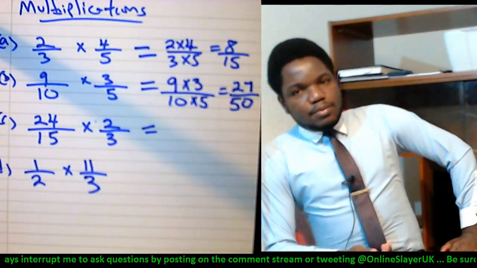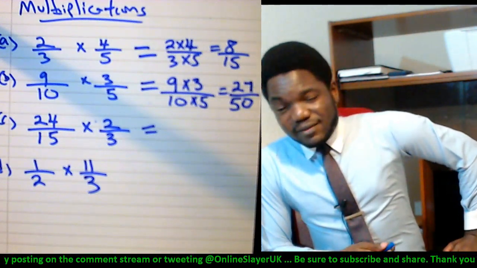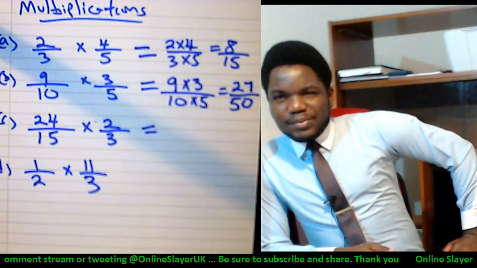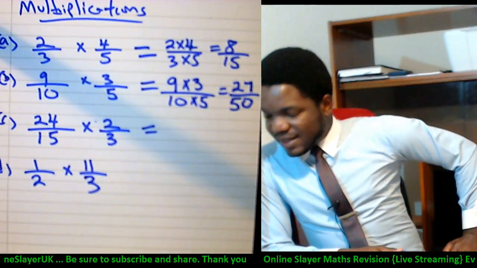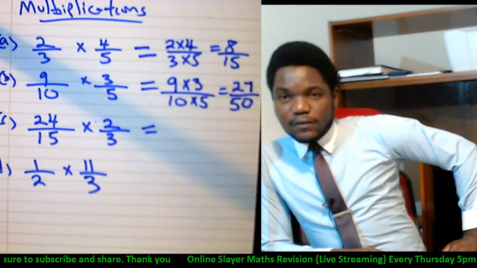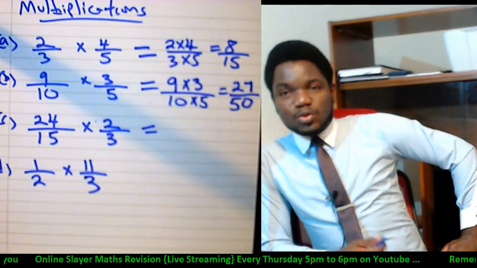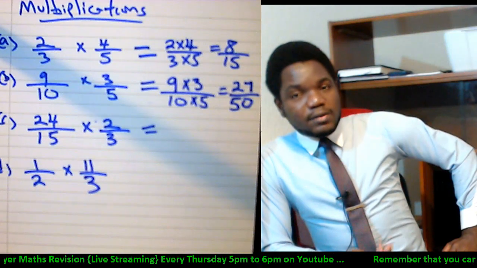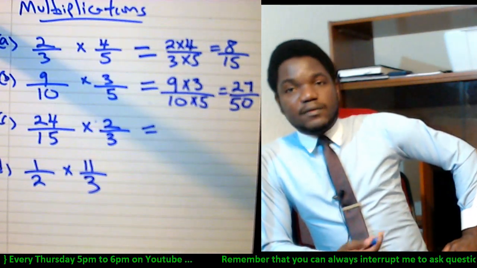We would be glad to just keep multiplying numerators and multiplying denominators and leaving our answer like that. But because we know that even if we get our answer, we have to look at our answer again and be sure that there is no further simplification. For example, if your answer happens to be 2 over 10, you know that you can still divide, right? So you can still say 2 over 10 is 1 over 5.